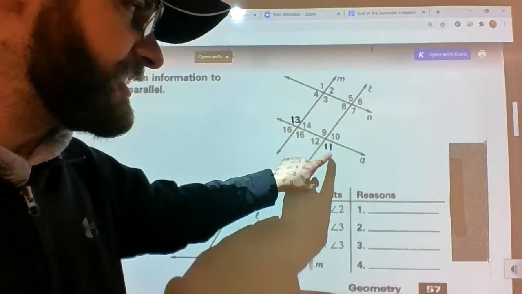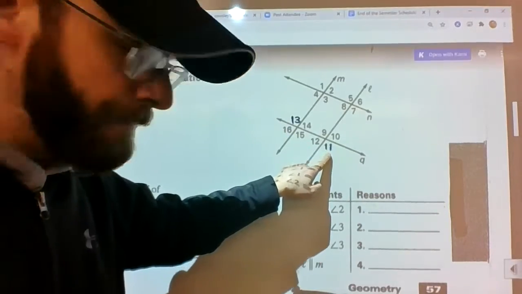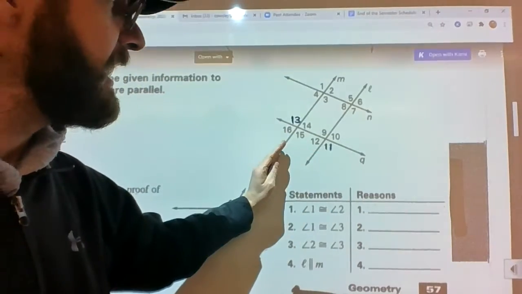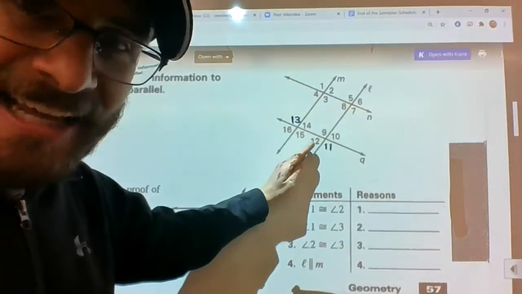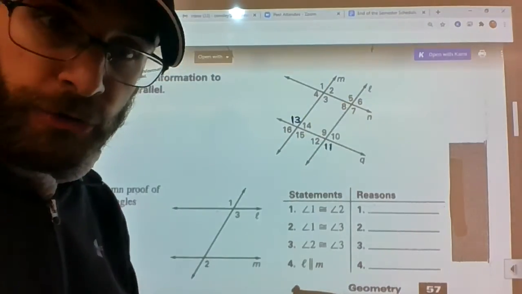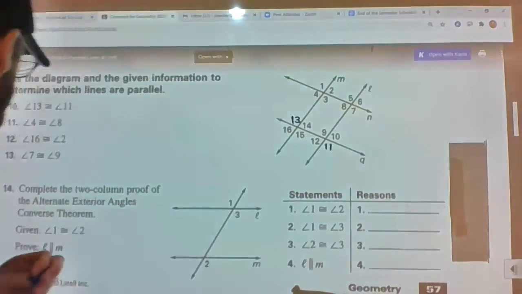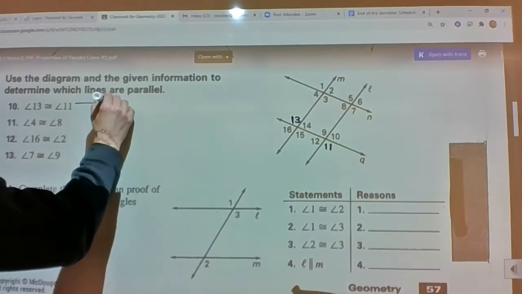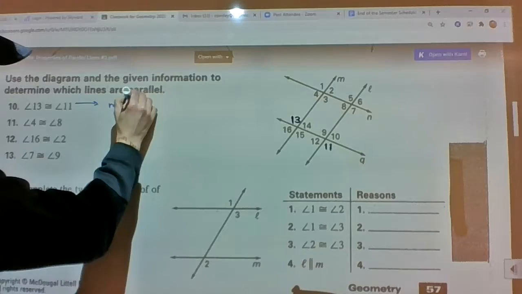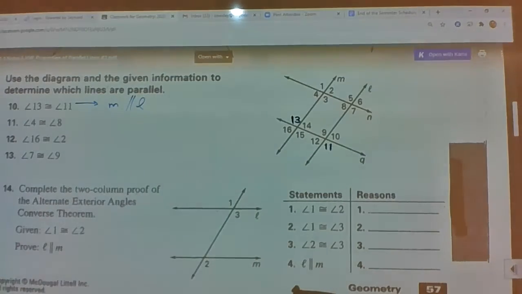So if angle 13 and 11 are the same, then you have to say that line M and line L are, sorry, not congruent, parallel. Line M is parallel to line L.